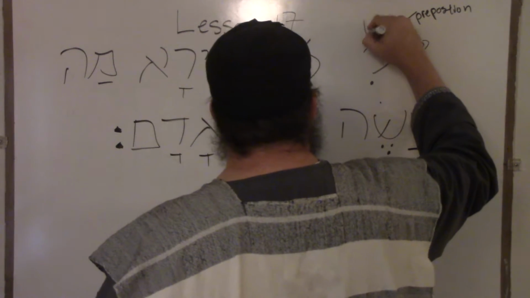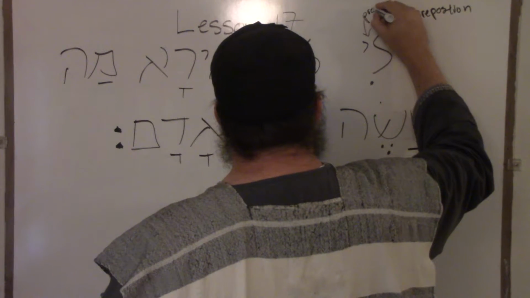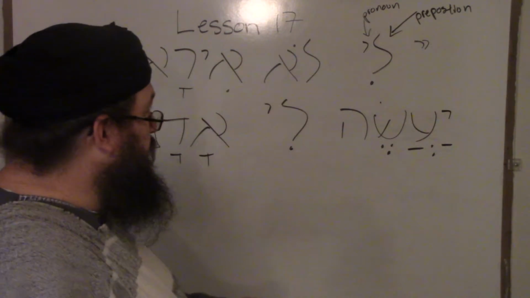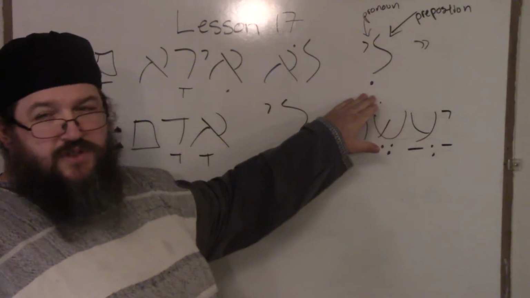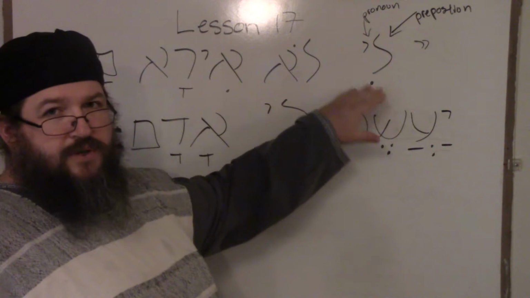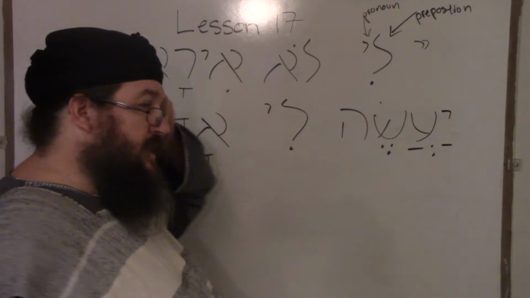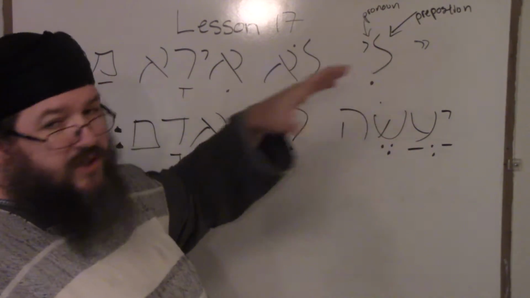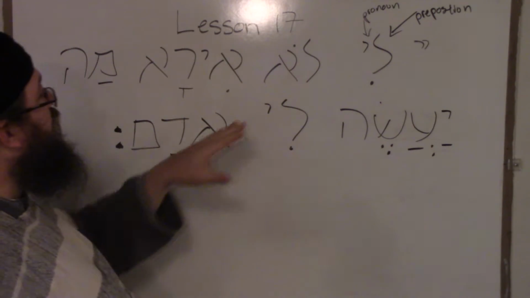So here we have a preposition with the pronoun. Also, you can explain this as literally a prepositional phrase. A prepositional phrase is a preposition with, obviously, its object. So Adonai li, the Lord is for me.